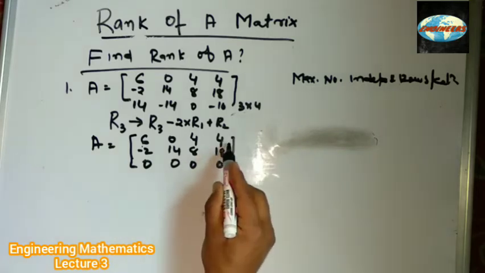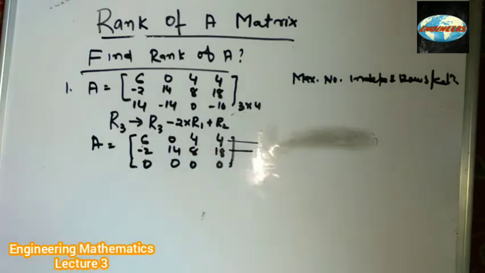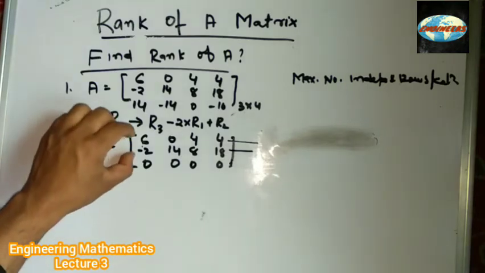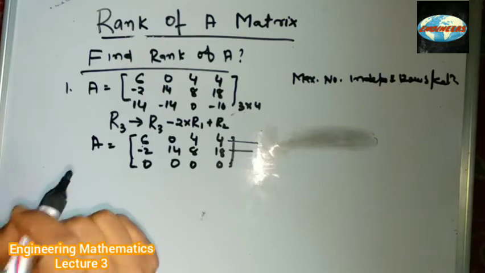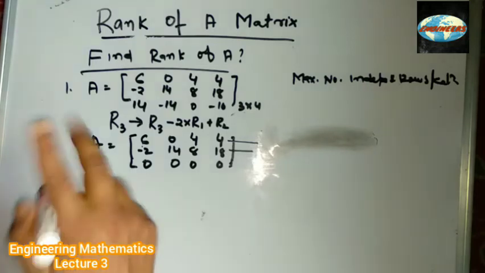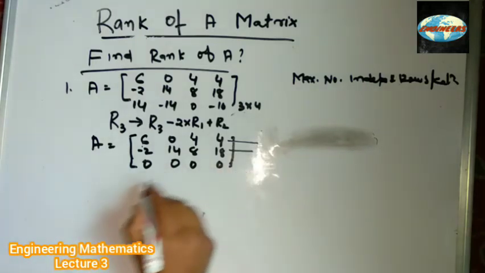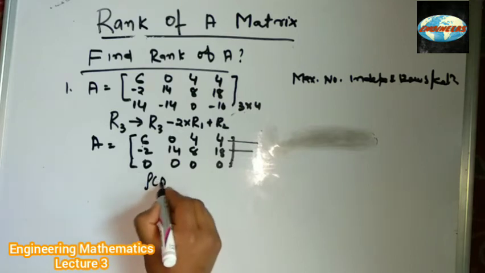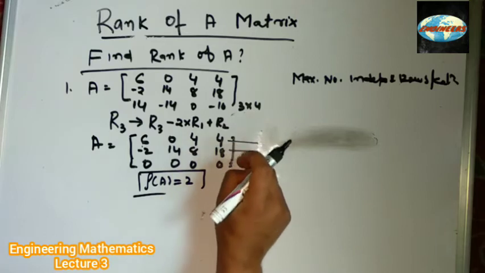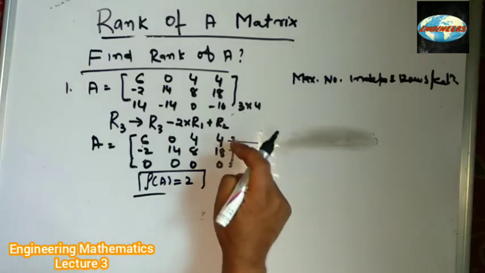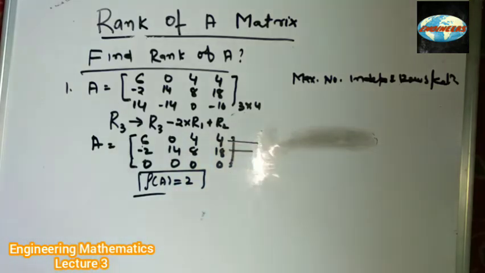Now there is no dependency between the other two rows, so the number of independent rows is 2. So rank of A is 2, because the independent rows are R1 and R2. I hope this one is clear to you.